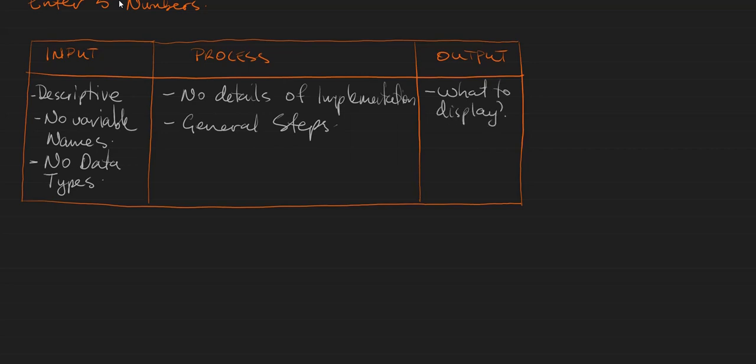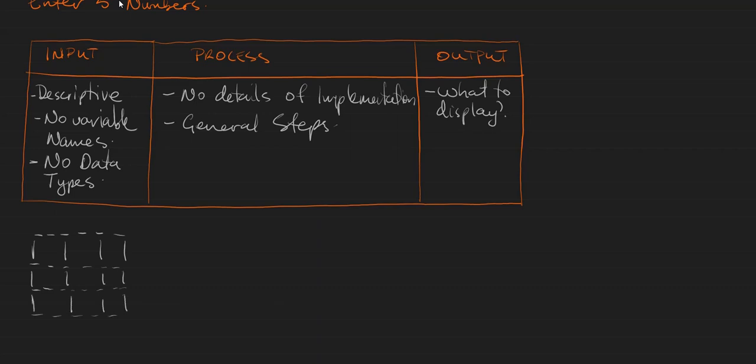For example, if you're doing the planning for a tic-tac-toe game, you're not going to put in your output how you're going to display the board. For example, you're not going to explain that you're going to use some dashes for this part, a pipe for this part, a space here, some more dashes here, like such, and you're not going to go into great detail of how you're going to display your data.